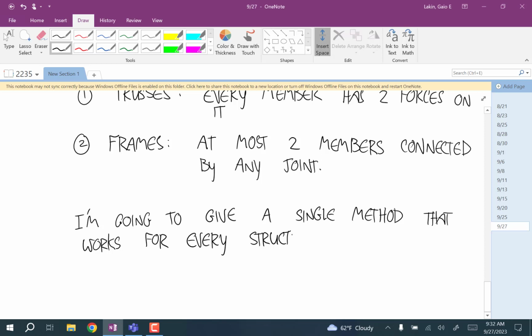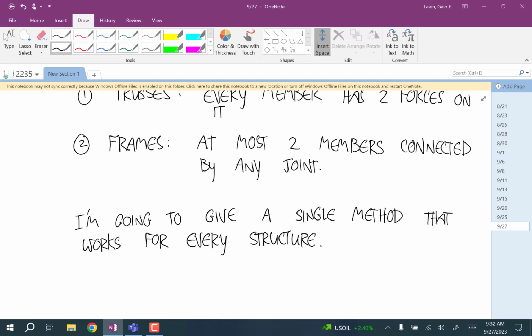So we're going to learn one method. You don't have to classify it. You just apply it to anything. And it can be applied to things that can't be applied to either of these.